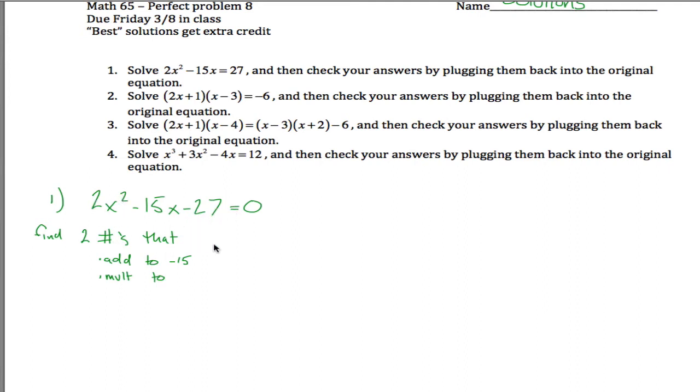If you multiply those two numbers together, you get negative 54. So we've got to find two numbers that add to negative 15 and multiply to negative 54.